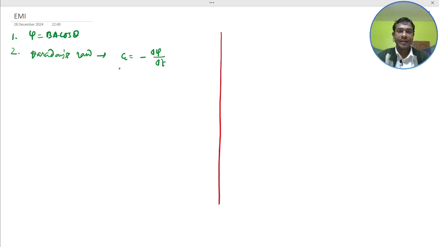When del t tends to 0, it is written as minus d phi by dt. This is the mathematics. And for n number of turns, epsilon would be minus del n phi by del t.